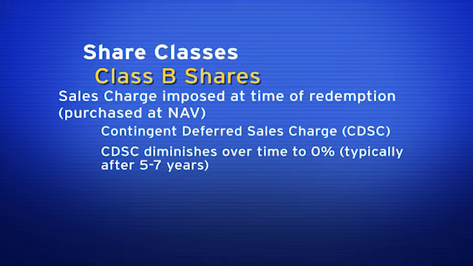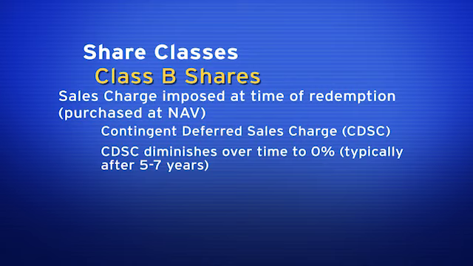An example: if I buy Class B shares and I redeem those shares in the first year, I'm going to pay a 5% back-end load, a 5% CDSC. If I redeem in the second year, I'm going to pay a 4% back-end load. So the longer I hold the shares, the less sales charge I pay.